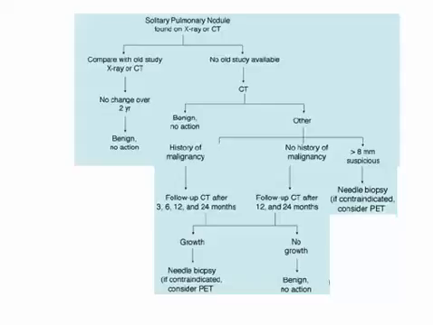If the characters are benign, like tuberculoma with satellites, hamartoma with popcorn calcification, AVM for example, you will not do anything. In others, search for history of malignancy, or do follow-up CT scan after 3, 6, 12 and 24 months. If nothing, it is benign. If there is growth, you go and do biopsy.